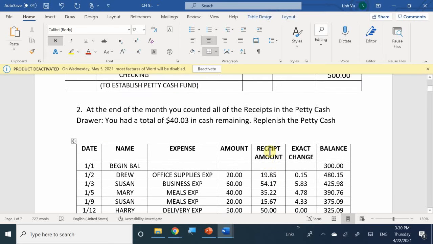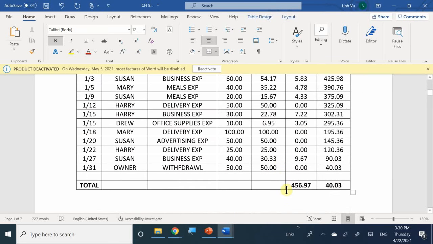This is the total that they took out. Oh yes, thank you, you're right, my math was wrong there. So $456.97 is your total receipts, and that's the amount you're going to write your check out for.